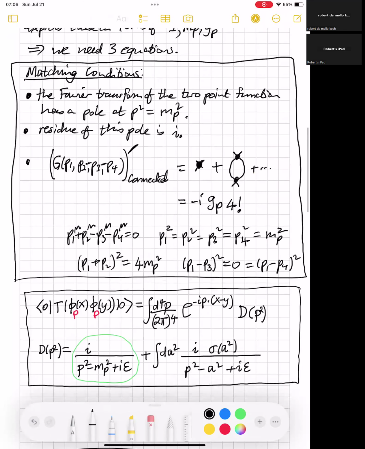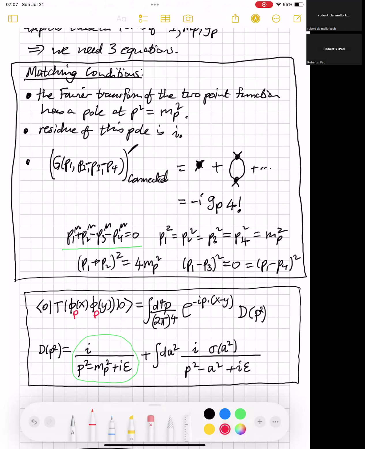And then the third condition that we use is calculate the 4-point function, remove its external legs, so amputate the external legs. That's what the dash means. Keep only the connected piece. And whatever you get for that sum, set that equal to minus I G physical times 4 factorial. And the momenta must obey the conservation of energy and momentum, which I've underlined in green.